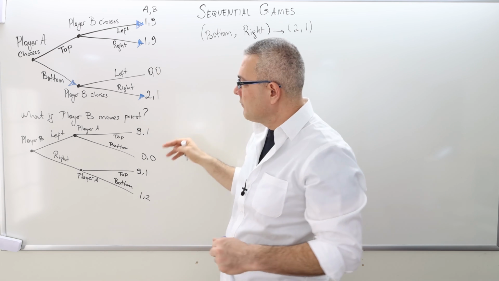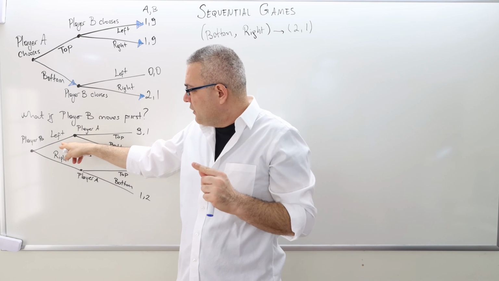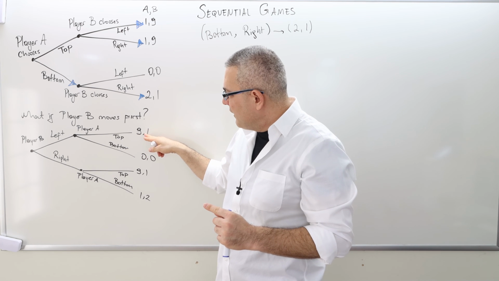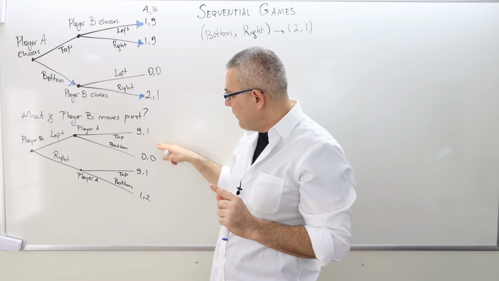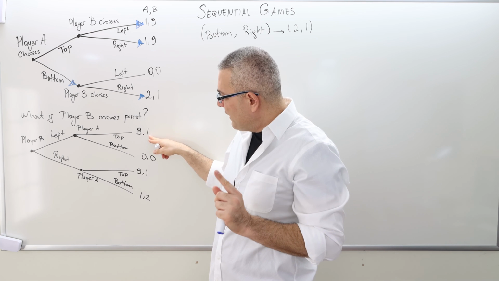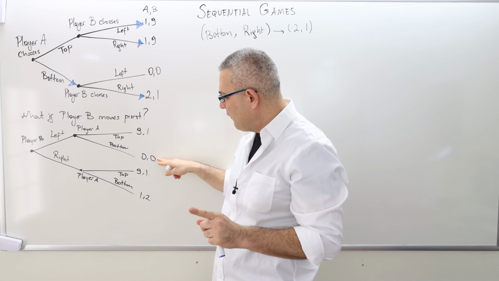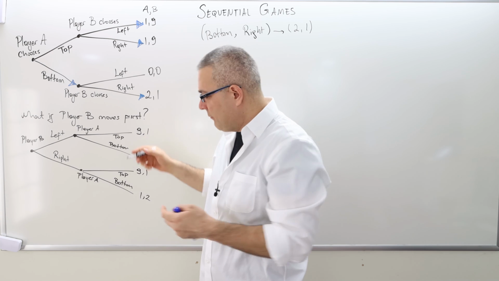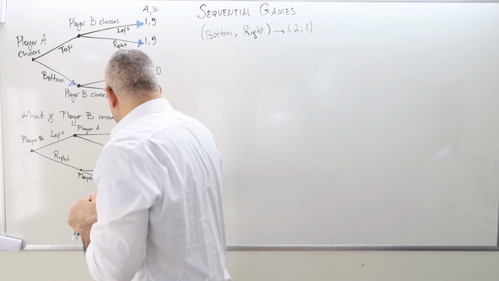If player B chooses left, player A is going to decide. Remember, player A is the second player and owns the second payoffs. So player A is deciding whether to go for a payoff of 1 or a payoff of 0. Obviously, player A will go for a payoff of 1. That means she's going to choose the action top.